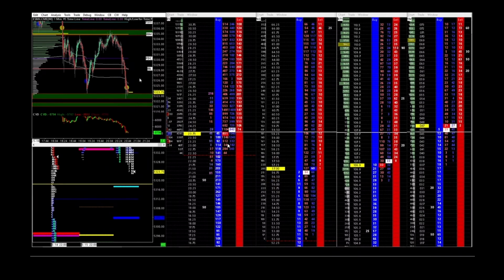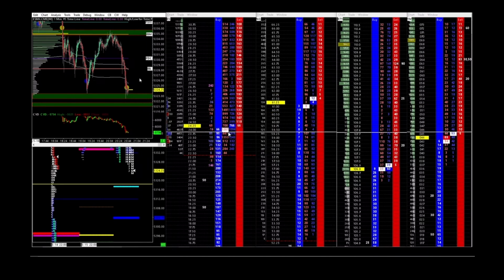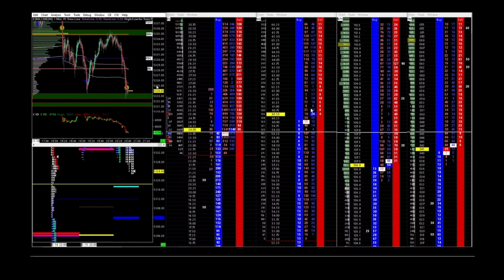Okay, 1,300 contracts still absorbed. Notice the offer is still absorbing, but buyers are now starting to step in. They've just executed 1,000 contracts there. Now we're seeing NQ ticking up.